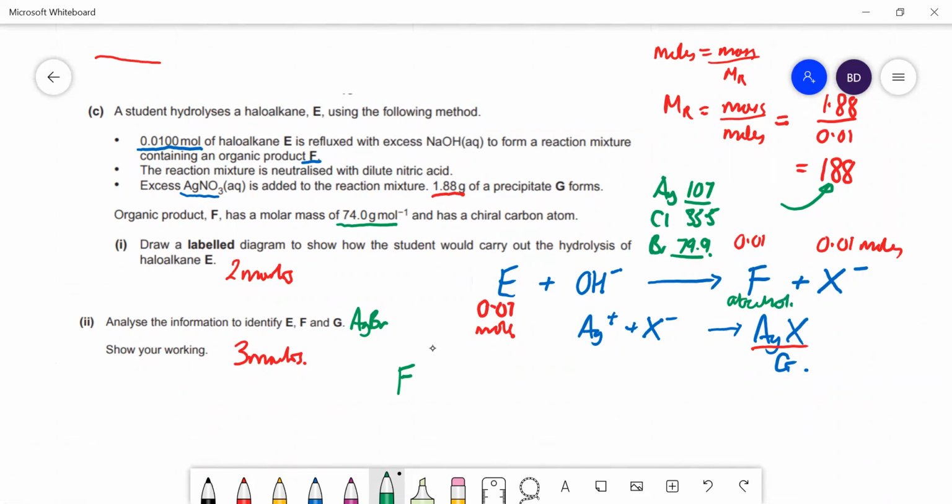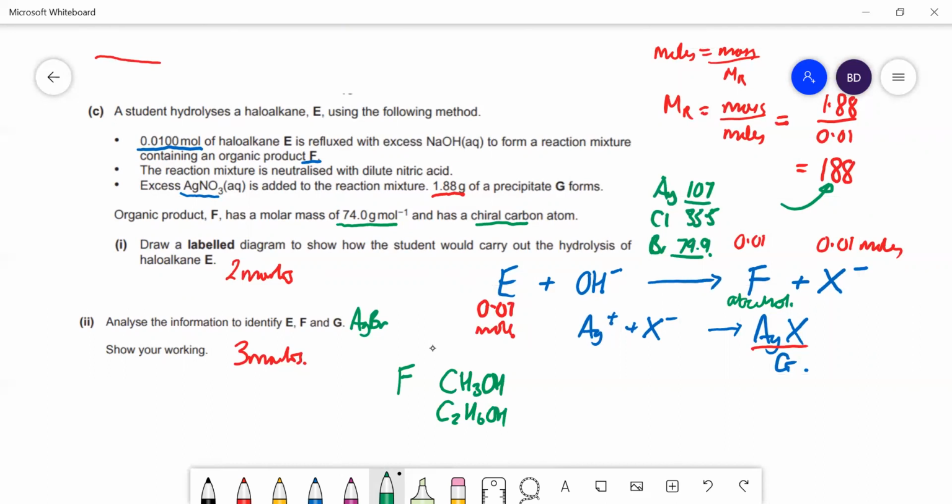It's got a chiral carbon as well, it tells us. So let's see which alcohol that could be. Could it be methanol? Way too small. Ethanol, that's 46, it couldn't be that.